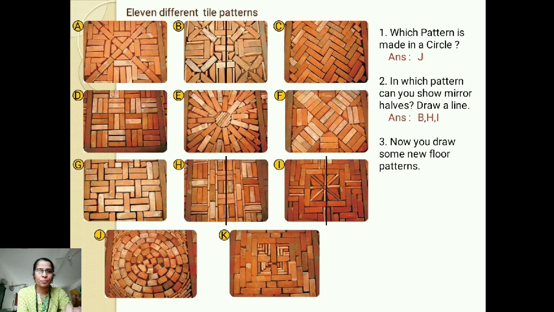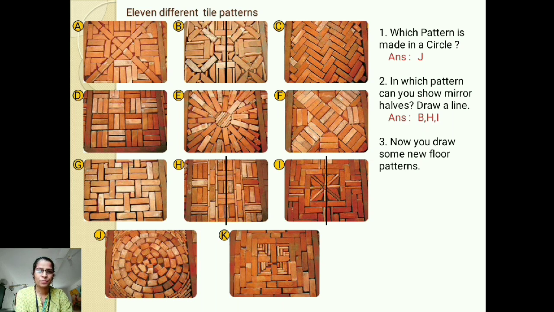And the second concept which we learned was the mirror half, that is the line of symmetry, which is an imaginary line. You have to imagine, children, how that line will come, and how the other half, when reflected in the mirror, will look exactly like the complete image.